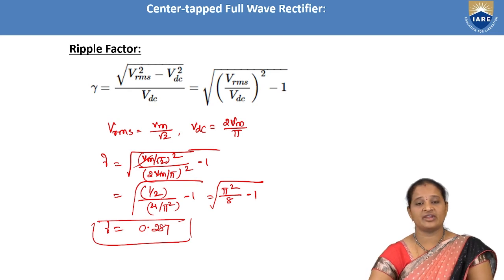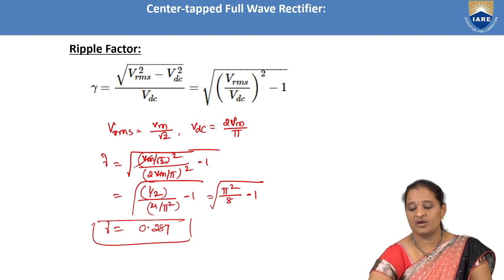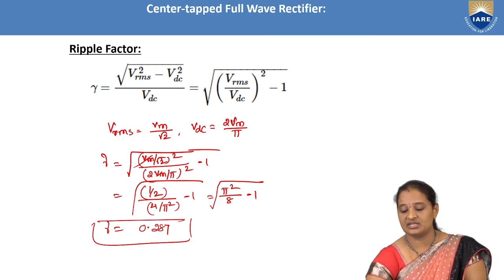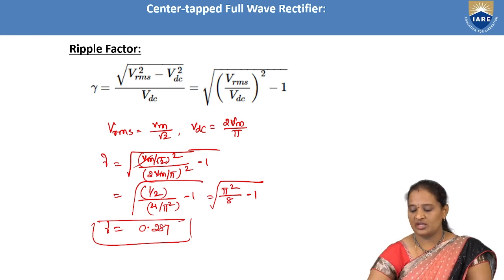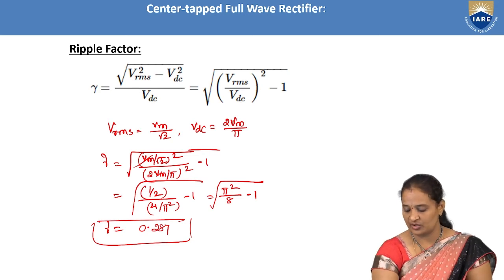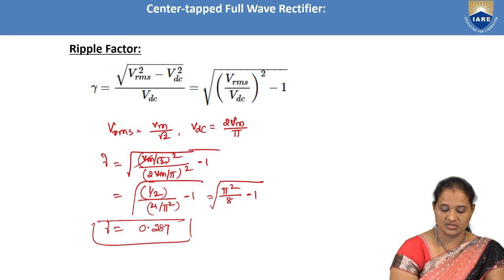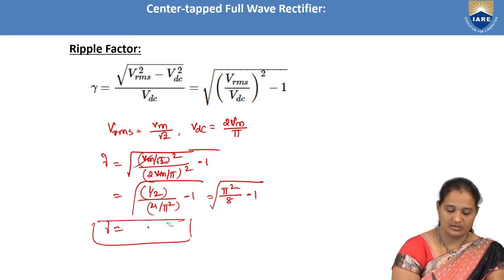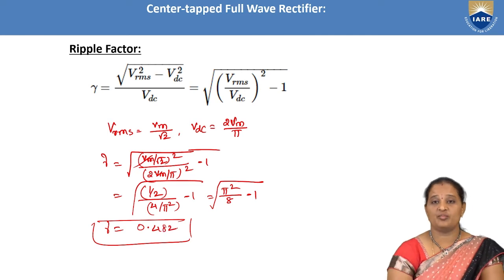In case of half wave rectifier, it was 1.21. That means 121% of ripples are present in the output of DC. Whereas in this one, the ripple factor was reduced to, actually, sorry, 0.482.